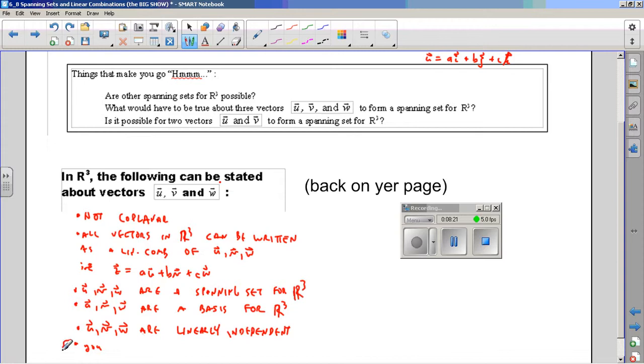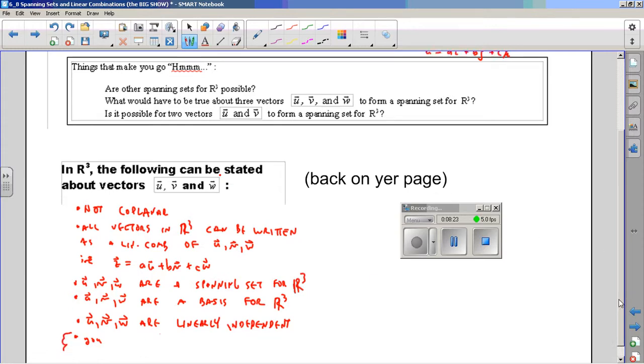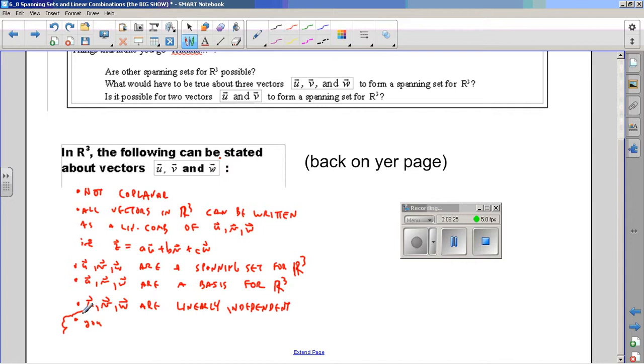This is all of the above things all mean this, but here's almost like a side effect, a consequence. You can't write one as a linear combination of the other two. That's almost like a side effect.